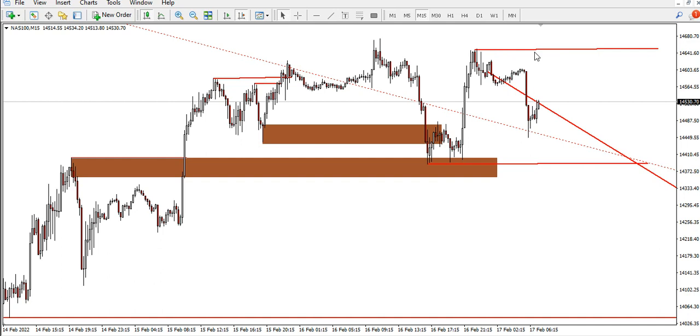Expect price to trade above this, and that might be a buy. However, remember on D1 we still have an order block that is not yet mitigated down there. So if price trades above this, do not be quick to buy.